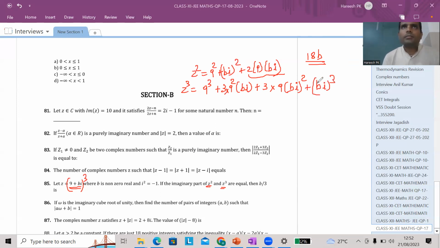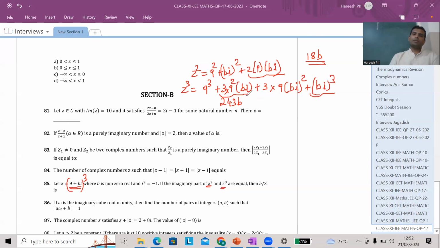Which are the imaginary terms in this? Imaginary terms are the second and the last, so there are two imaginary terms. 81 into 3, that's 243, so 243bi. I'll write 243b because imaginary means except i.